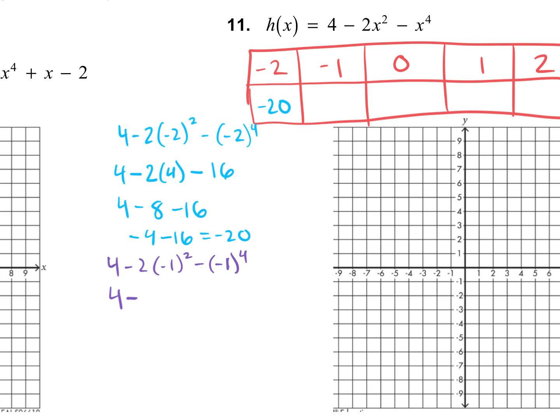And 1 times -2? -2. What is -1 to the 4th power? 1. Positive 1. But that minus outside makes it a -1. So 4 minus 2? And 2 minus 1? 1. So we plugged in -1 and got 1.